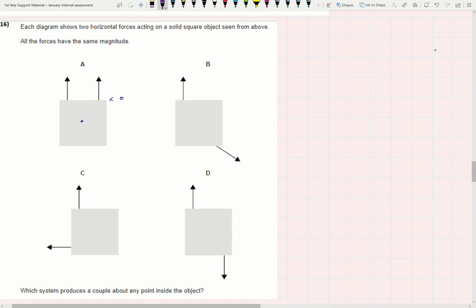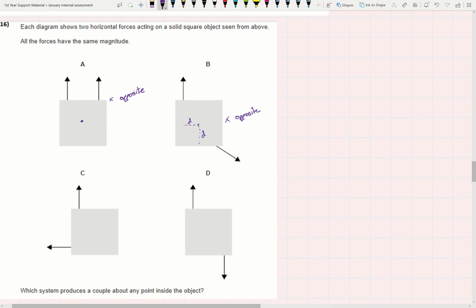Those two aren't going to be opposite, because if I talk about that distance there and that distance there, the forces aren't equal and opposite, and in fact that one there, they're not opposite either.